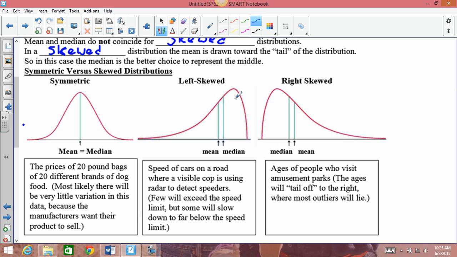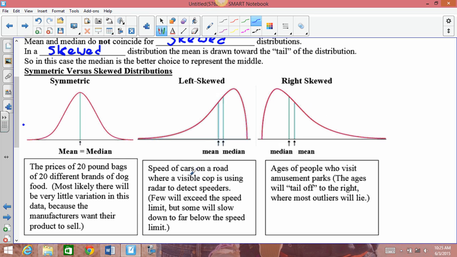All right, an example of left skewed. To tell the difference between left skewed and right skewed, it's always where the tail is. Here the tail is on the left, over here the tail is on the right. Wherever that tail is tells you how you're skewed. Don't look at it as being more concentrated on the right. Since it's tailing off to the left, it's left skewed. Tailing off to the right, it's right skewed.